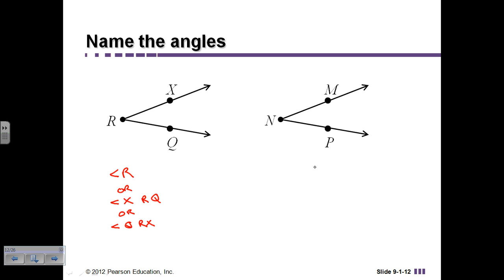The second angle, I could name it angle N, or angle MNP, or angle PNM.